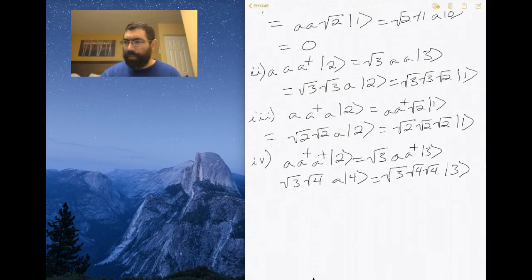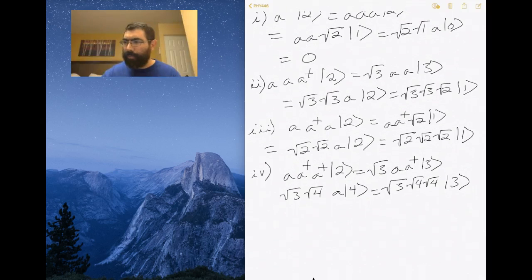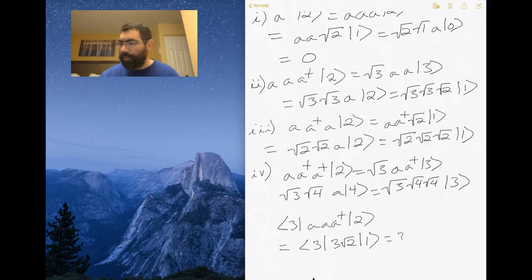And so if I look at, say, the second term, a dagger on 2 is the third state. That one was 3 times the square root of 2, now in the 1 state.